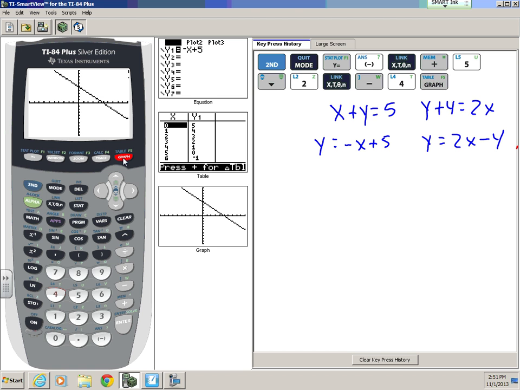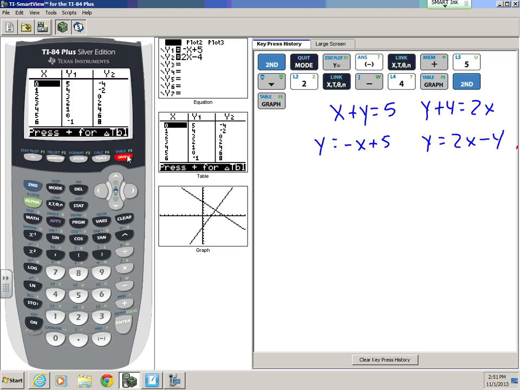And now you can see that somewhere around here, which looks like the coordinate 3 for x, is where they intersect. The way to be more definitive is I'm going to go back and call up the table. So I hit the second button in graph, because you'll see the blue word table there. The table works with one x column.